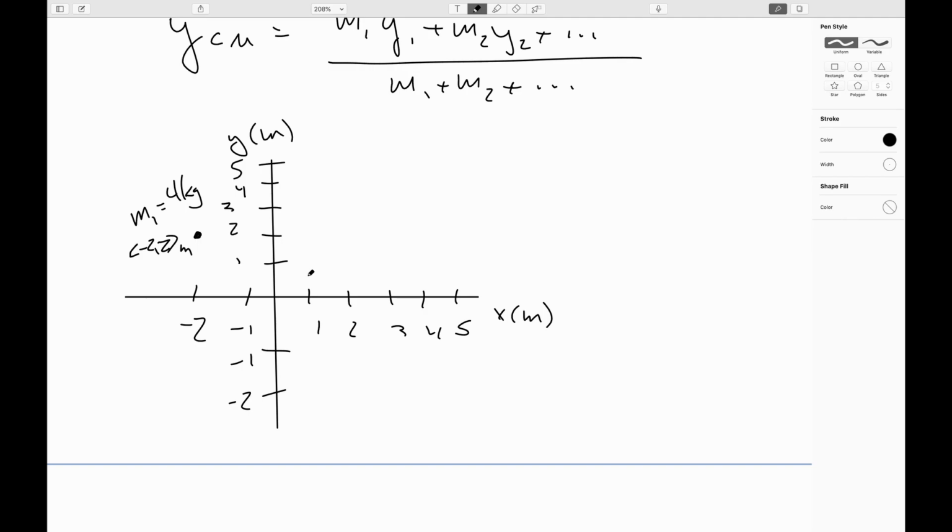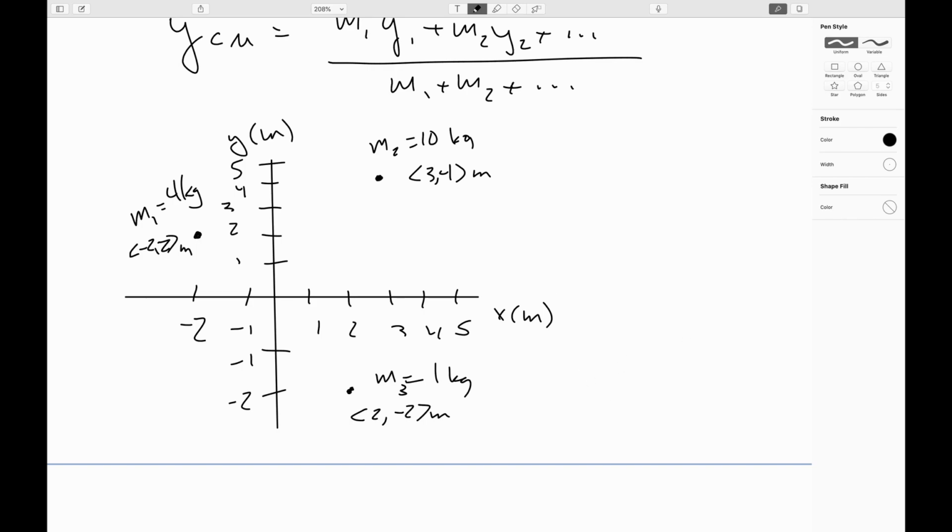Let's say particle 2 will be located at +3, +4, and it's got a mass of 10 kilograms. Then finally, let's say that particle 3 is located at 2, -2 meters, and it has a mass of 1 kilogram.